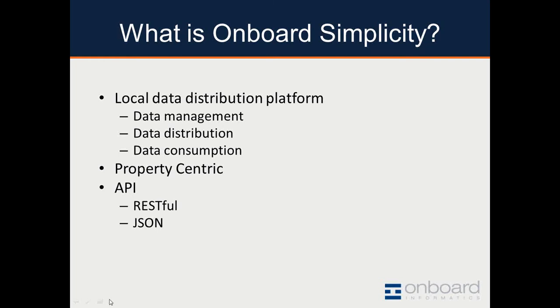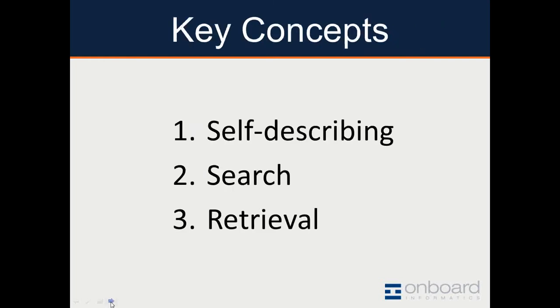Okay, thank you. And go to the next slide here. The key concepts. I do want to touch on a few things here. One of the things that we've seen over many years of distributing data is the moment that you put something out there, especially when you're documenting things in Word documents or PDFs or whatever else it might be, even web pages for that matter, that content can become stale very quickly.